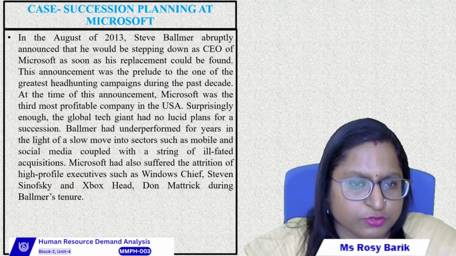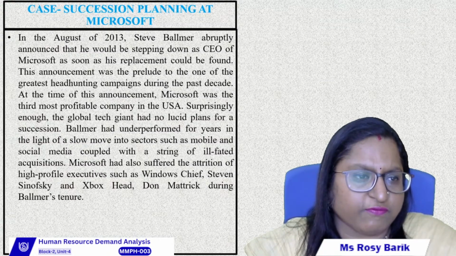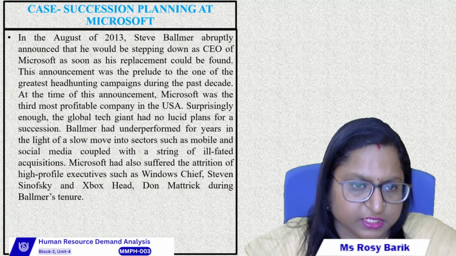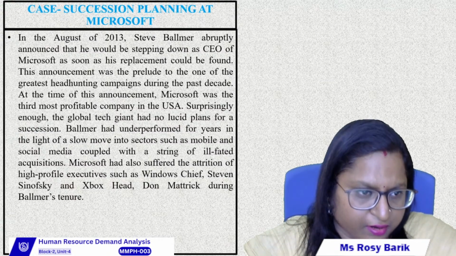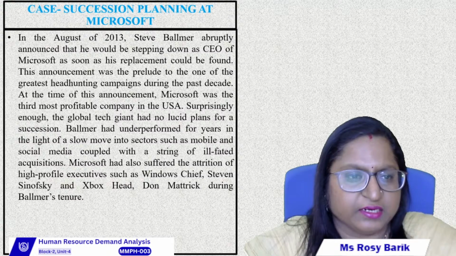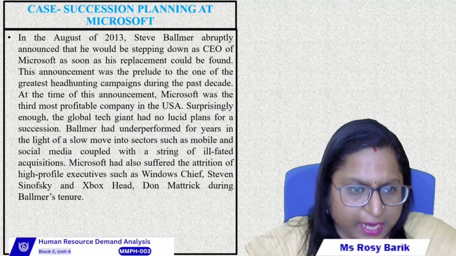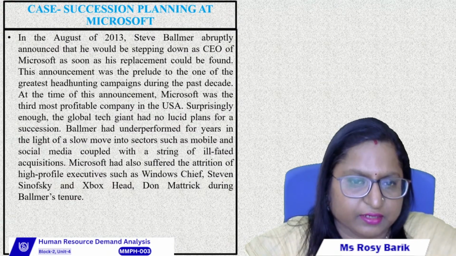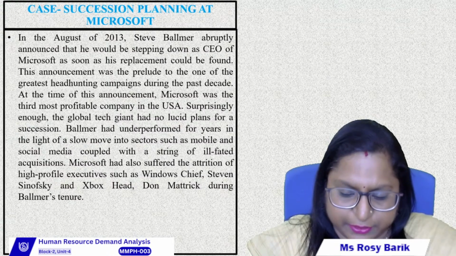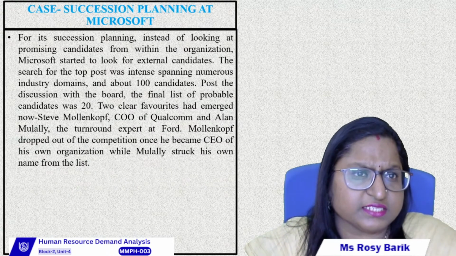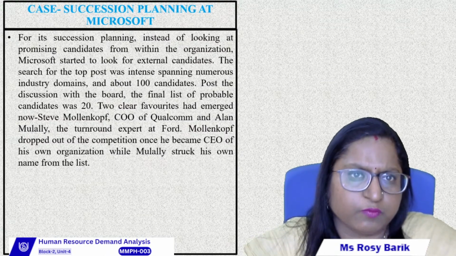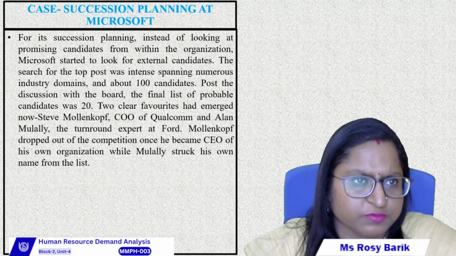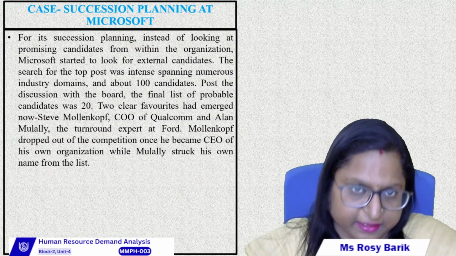Microsoft had also suffered the attrition of high-profile executives such as Windows chief Steven Sinofsky and Xbox head Don Mattrick during Ballmer's tenure. For this succession planning, instead of looking at promising candidates from within the organization, Microsoft started to look for external candidates.